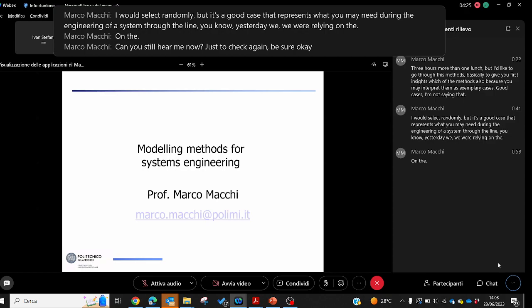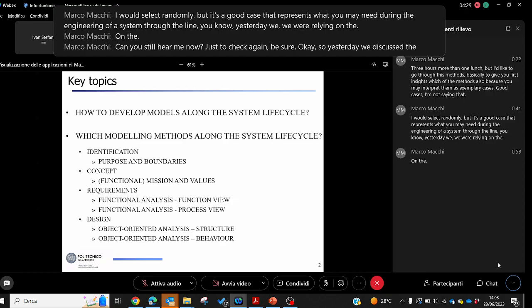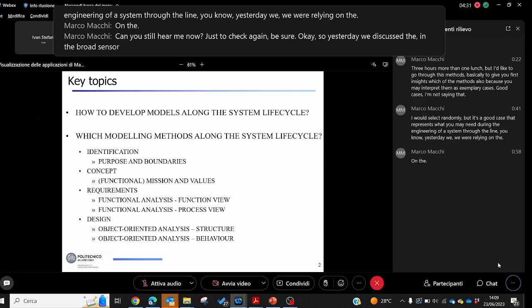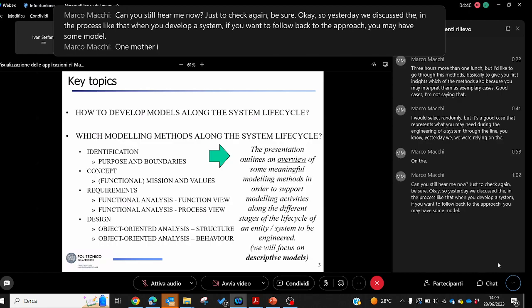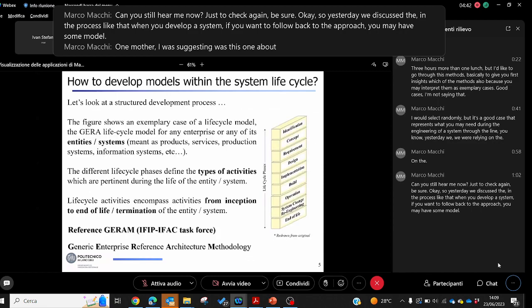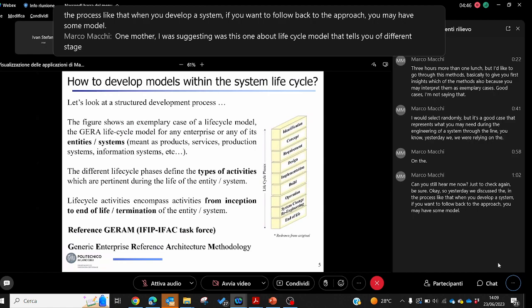So yesterday we discussed in a broad sense the fact that when you develop a system, if you want to follow a structured approach, you may have some model in mind. One model I was suggesting was this one, the life cycle model, that tells you of different stages or phases you go through, and in each of the phases you need some activities to be done to achieve some result of the phase.